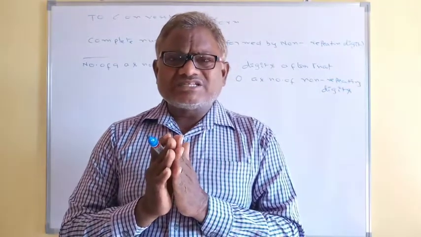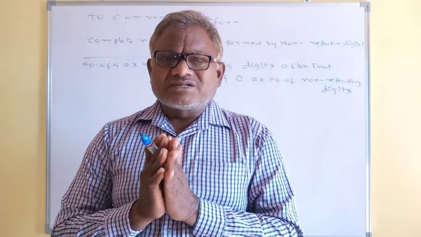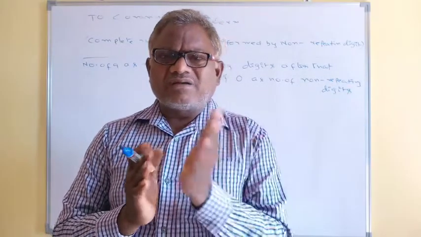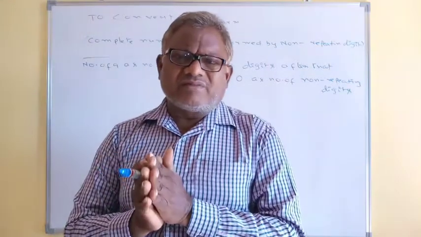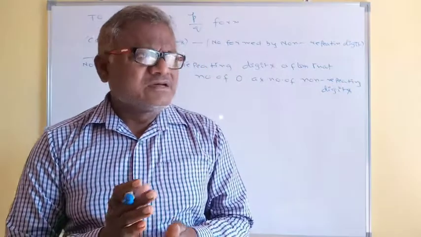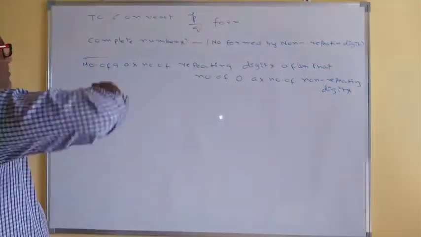So let us do some problems regarding conversion of a given terminating or non-terminating recurring decimal into the form p by q. For that, there is a formula for you.